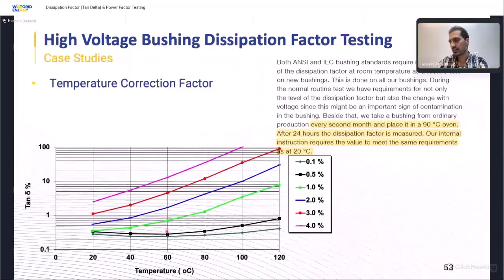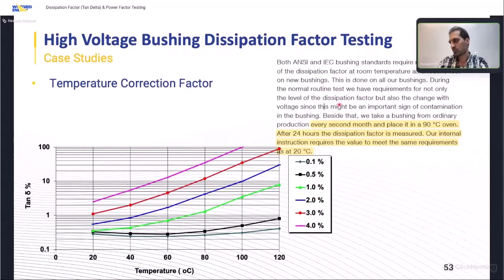If we take a look at this one, we see that if we want to correct tan delta from maybe 60 Celsius to 20, the correction factor depends on the bushing's moisture level. For higher moisture, we need a higher temperature correction factor, but for a bushing with moisture lower than 0.5%, maybe we never need a correction factor.